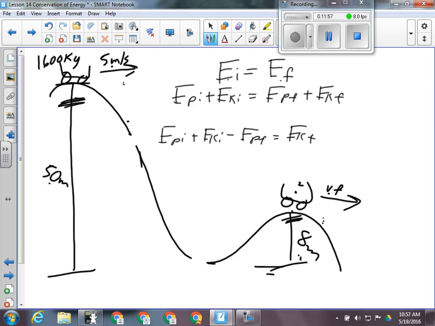So I'm going to have M times G times H initial plus 1/2 MVI squared minus MGHF equals 1/2 MVF squared. All I've done is put in the formulas for kinetic and potential energy.